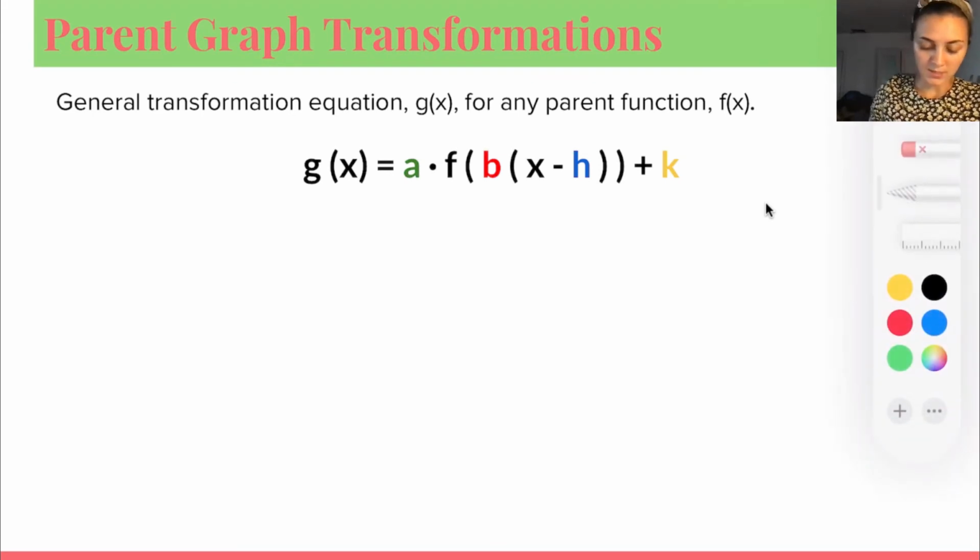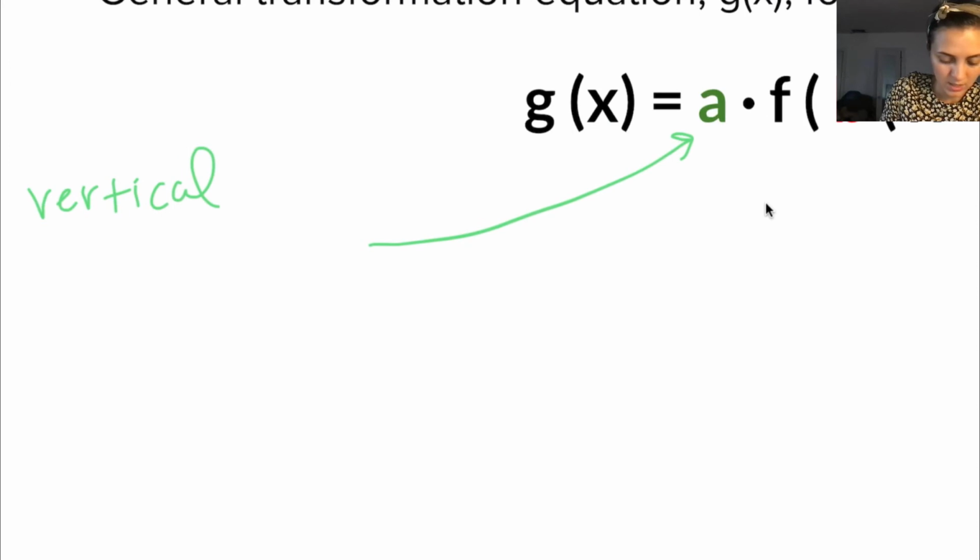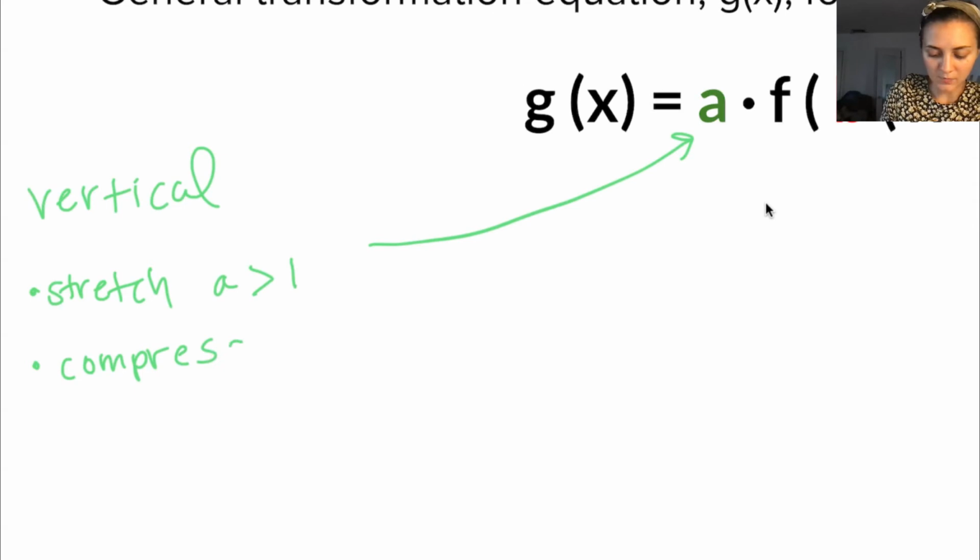So this A right here is a vertical transformation. This will cause vertical transformations like a stretch, and it will be a vertical stretch if A is greater than 1, or it could be a compression if A is between 0 and 1.